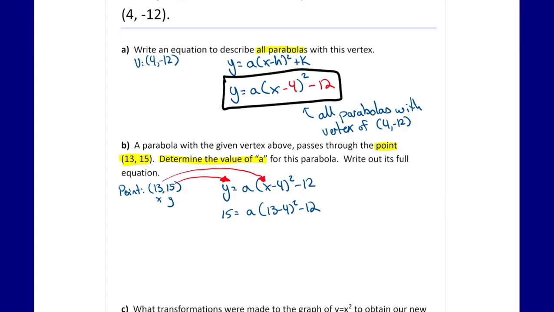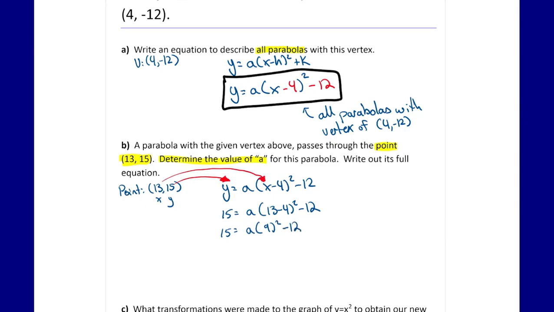Now I'm just going to rearrange this equation and solve for a so I can come up with my actual specific equation. I can simplify within the brackets: 13 minus 4 is 9, so a times 9 squared, minus 12.